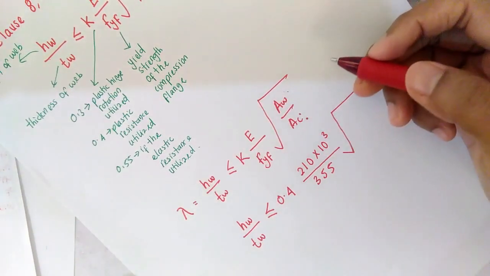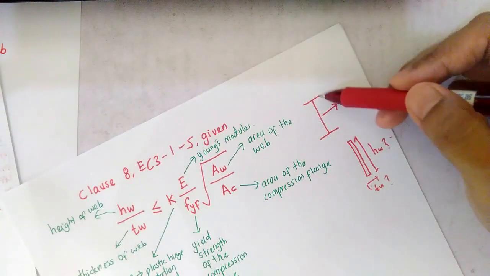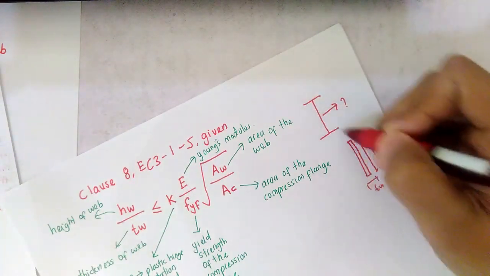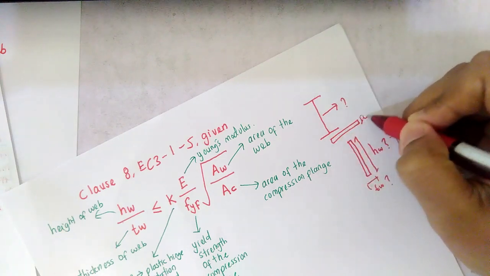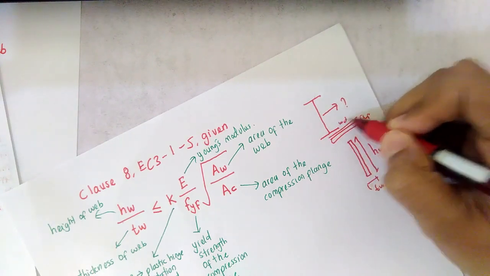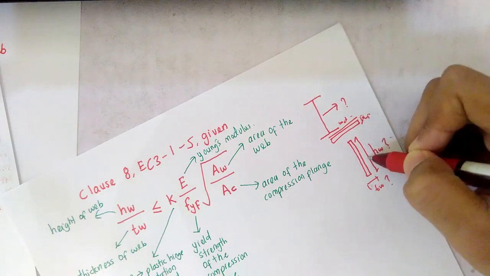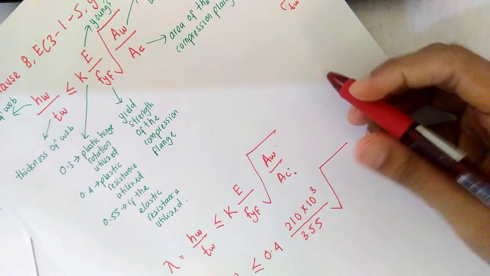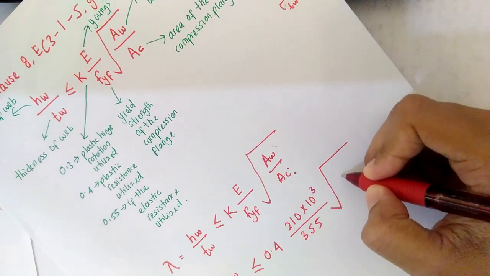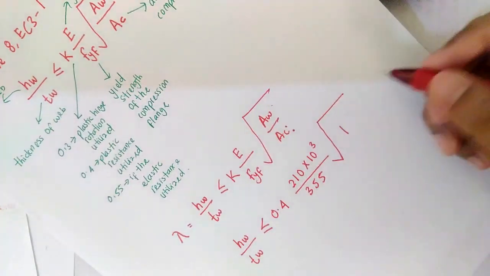As I said earlier, you can assume that the area of the flange, which is the thickness of the flange and the width of the flange, is similar to the area of your web. Because you assume it is similar, it becomes 1.